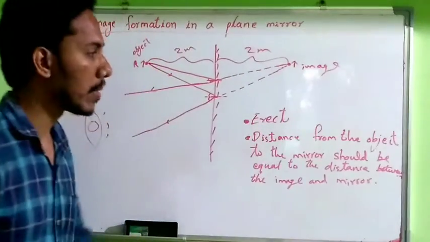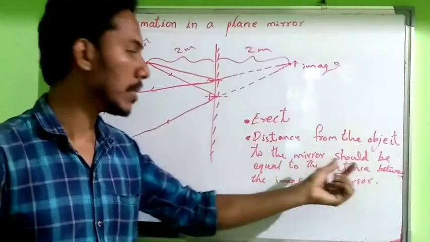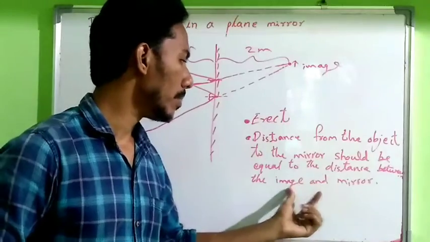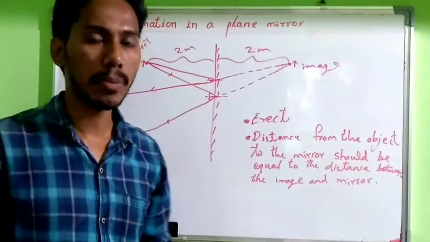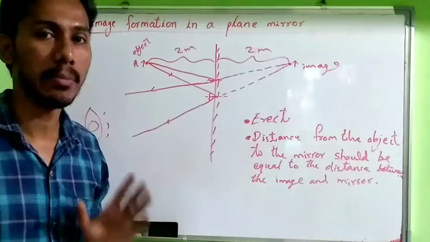Okay. Distance from the object to the mirror should be equal to the distance between the image and the mirror. That is the second property of this image produced by a plane mirror.